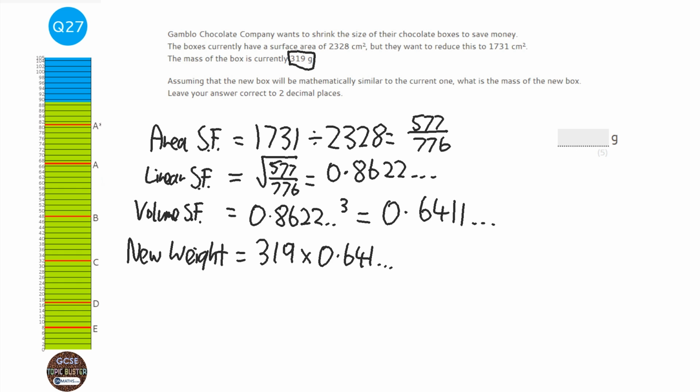So on my calculator I'm just going to times it by 319, and I get the answer of 204.532, blah, blah, blah. It says it wants it to 2 decimal places, so 204.53 is going to be my answer.